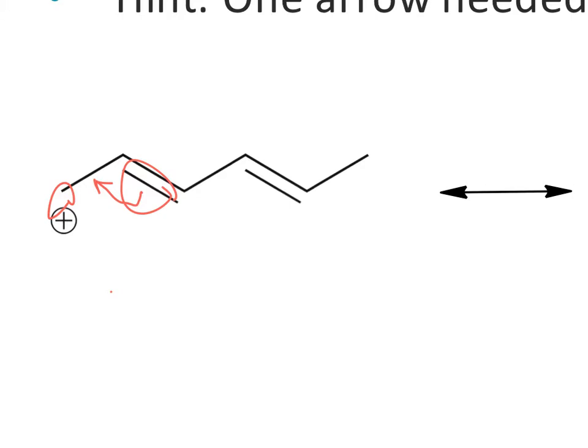Because it's a carbocation, what is its hybridization? It's sp2. So there's a p orbital right there on that circled carbon that's empty, that's saying, I'd love to get some electrons. And so the pi bond, 1 bond away, can slide over and create the next resonance structure.